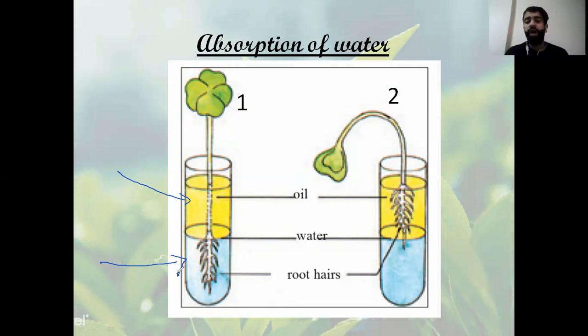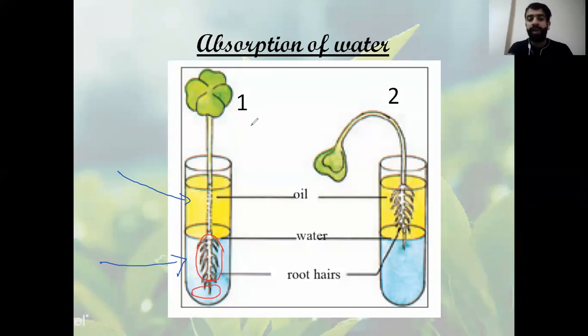So here we continue. In plant 1, we have oil, water, and the plant. Two plants, 1 and 2, have root hairs and root cap. What is happening in plant 1? In plant 1, the root hairs structure and the root cap, both of them are placed in water.